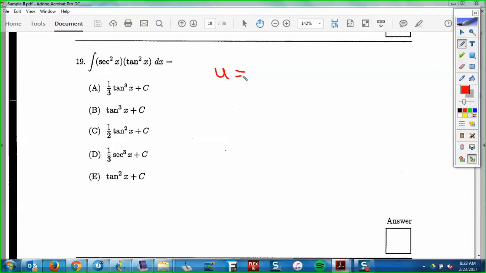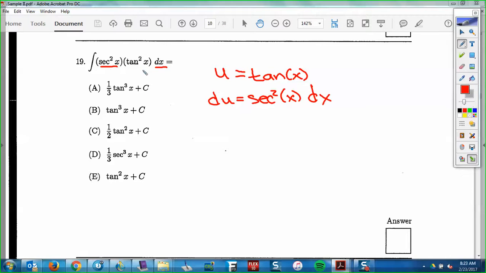That's a U substitution. What would you let U equal? Tangent. Right? And the reason you'd let U be tangent is because the du is secant squared dx, and it's sitting right there. So that's your knowledge of derivatives. Derivative rules, you've got that set right there, and the tangent's on the inside, right?